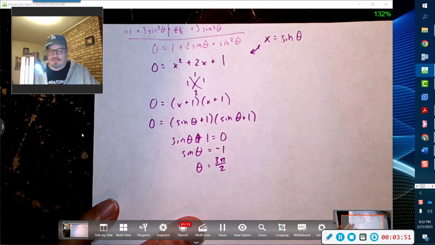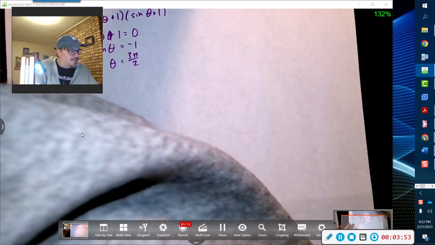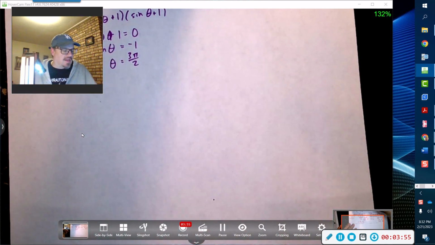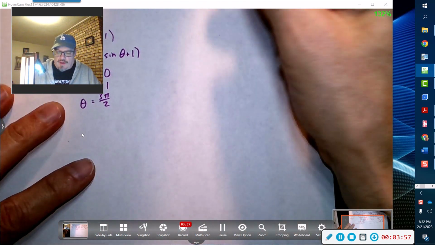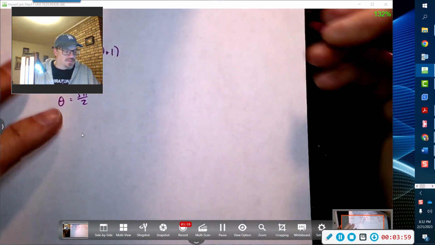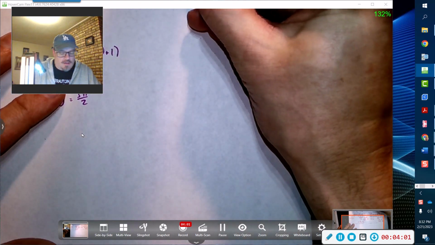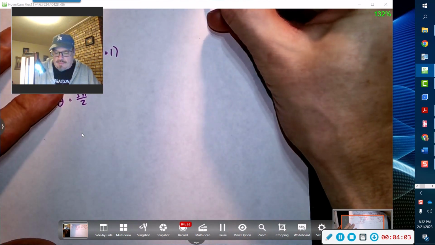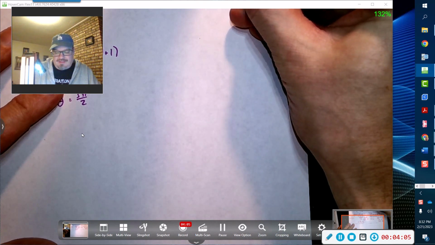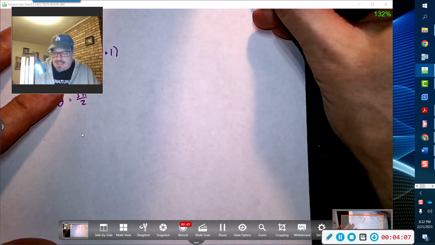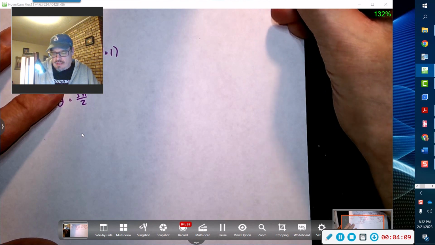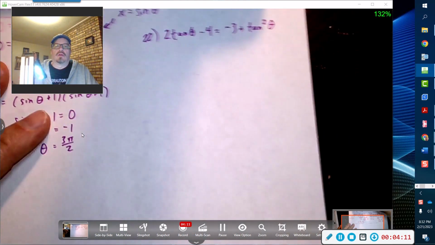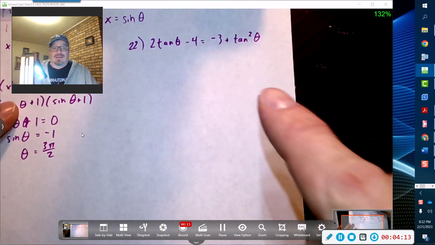All right, so my paper had some other stuff written out, so I'm going to go ahead and do 22 here. I'm going to recopy it. 2 tangent theta minus 4 equals -3 plus tangent squared theta. Okay, same process here.